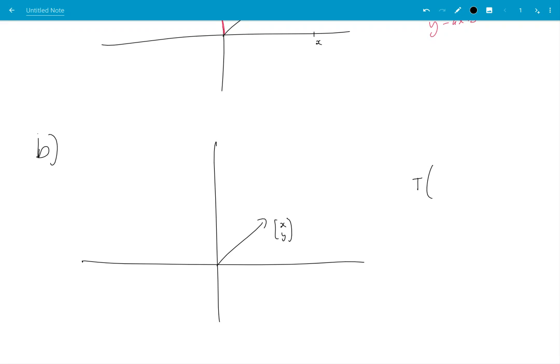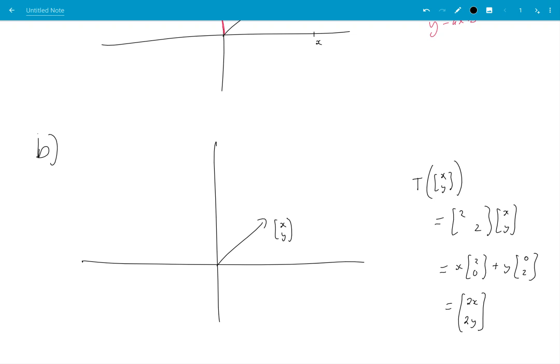T applied to xy is A times xy, which is x times (2, 0) plus y times (0, 2), which is (2x, 2y). So you get this doubling. You get double the original vector.